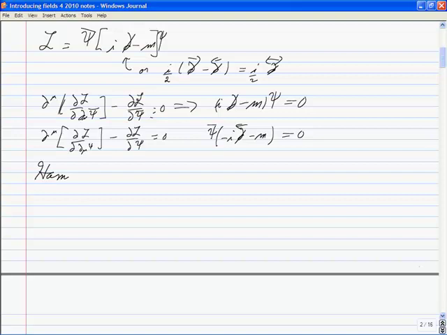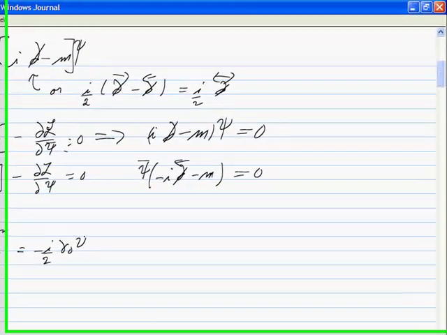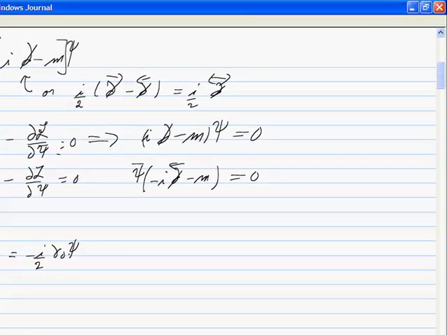Plugging away, the Hamiltonian. Well, pi bar is the variation of the Lagrangian with respect to d0 psi bar. That would be minus i over 2 gamma 0 psi, right?